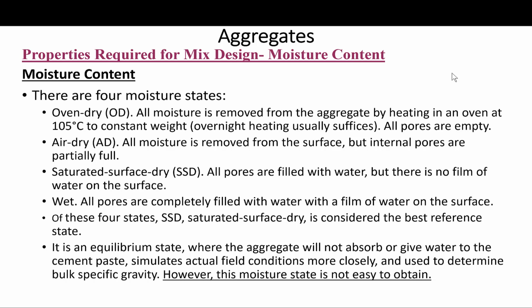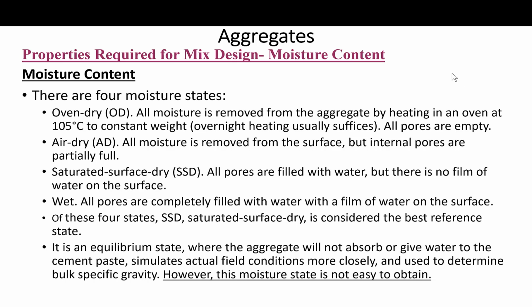Okay, so the SSD condition basically is a better choice as a reference for the following reasons. First, it represents the equilibrium moisture state of the aggregate in concrete. That is, the aggregate will neither absorb water nor give up water to the paste.